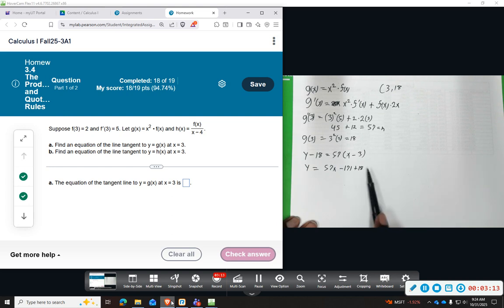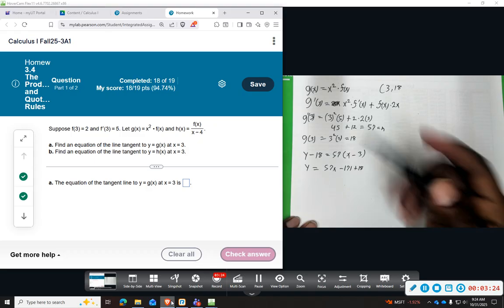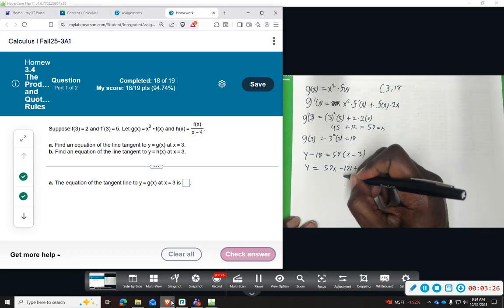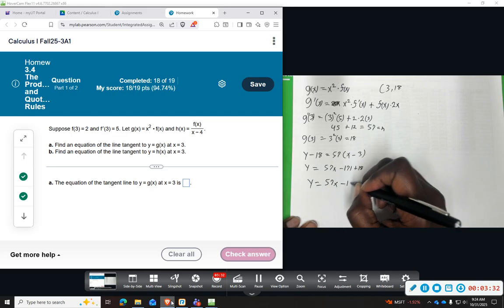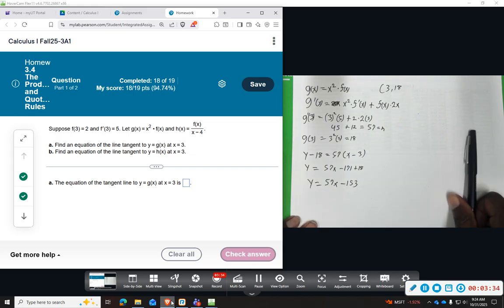That will give negative 153. So y equals 57x minus 153.